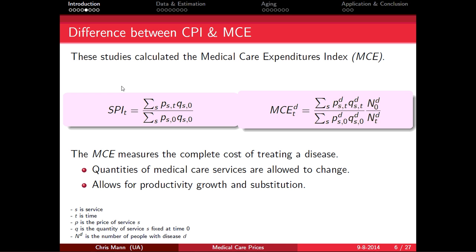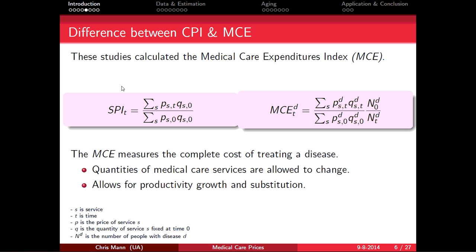Now, the problem with healthcare, though, is that things like a stay at the hospital or a visit to the doctor's office, those aren't final goods. Those are intermediate goods in the production of a final good, and that final good is healthcare, right? Is health.